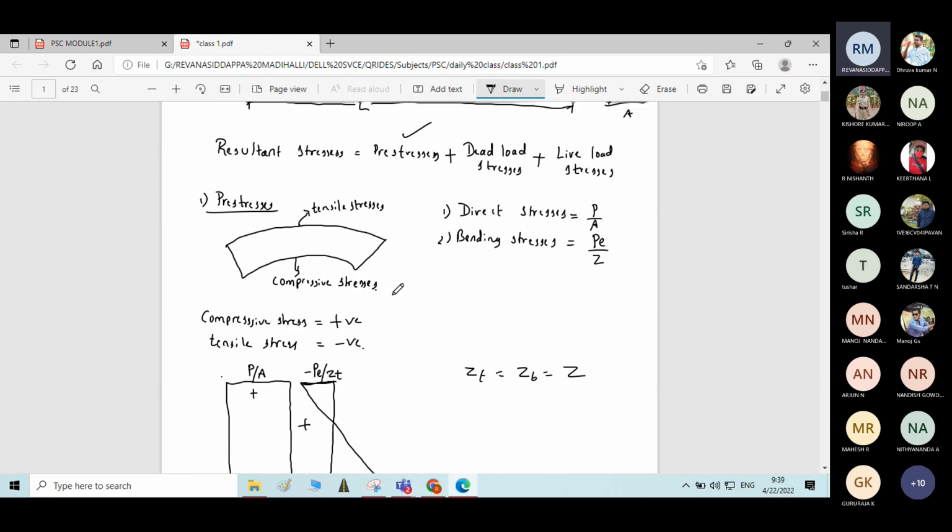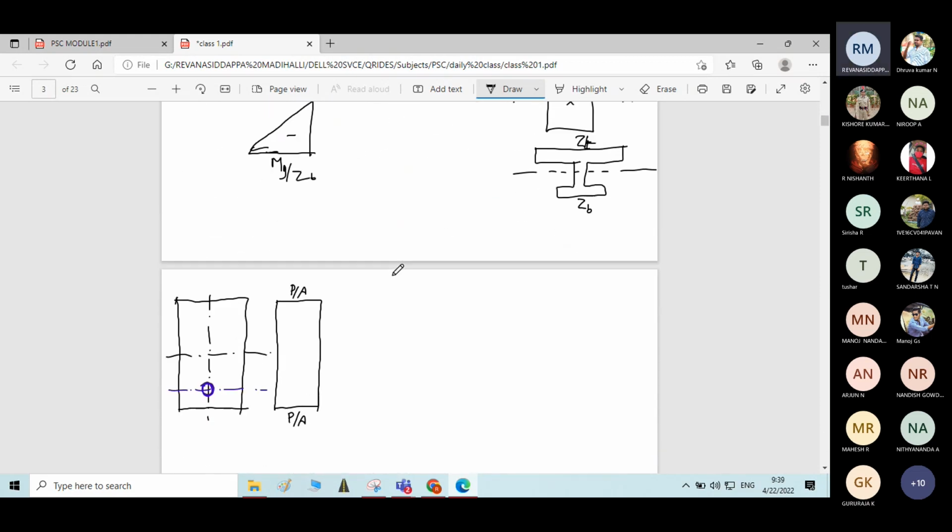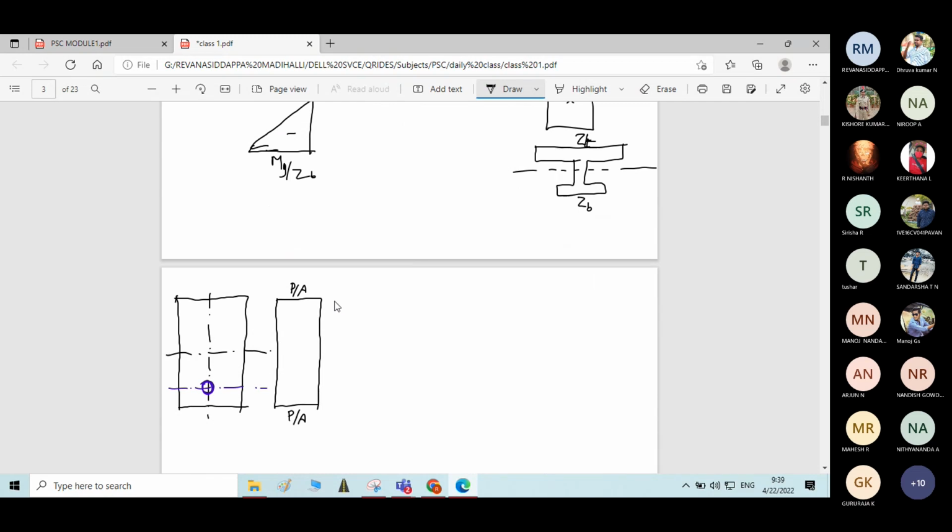The nature of the bending stress distribution is minus and plus. The direct stress will have a positive sign on both sides because the nature of the stress is compressive throughout the depth of the section.